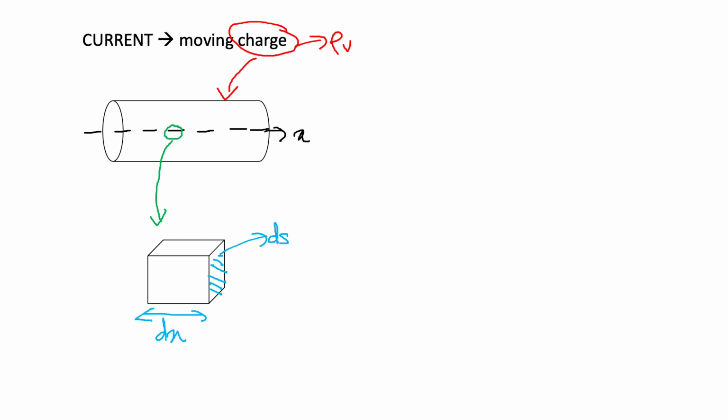So now we already have our sample structure. Let's take a look at the mathematics. We can write dq is equal to rho v dv. This is the general representation, and you already know this from the previous chapter.